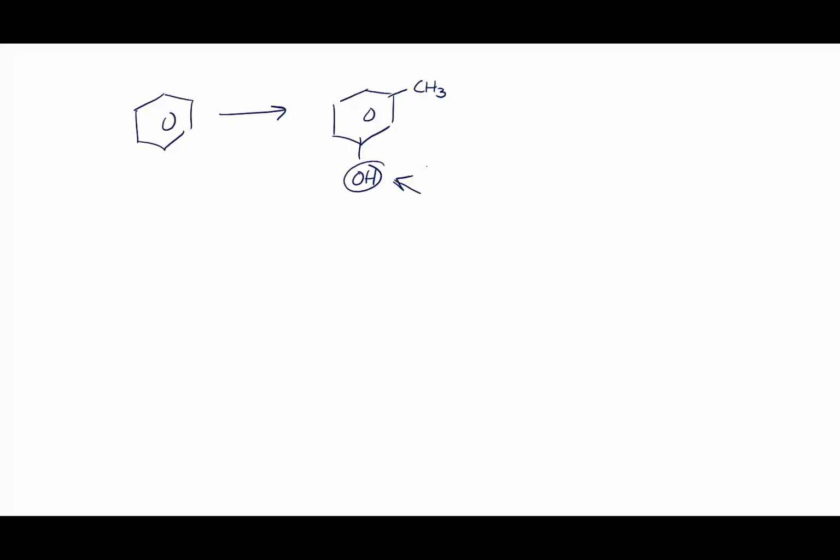I think I probably haven't topped out at 10 yet, but if you're going through this in your mind, OH group, you should be thinking what? NO2 reduced to NH2, diazonium, H3O+. You need to kind of know it that way.